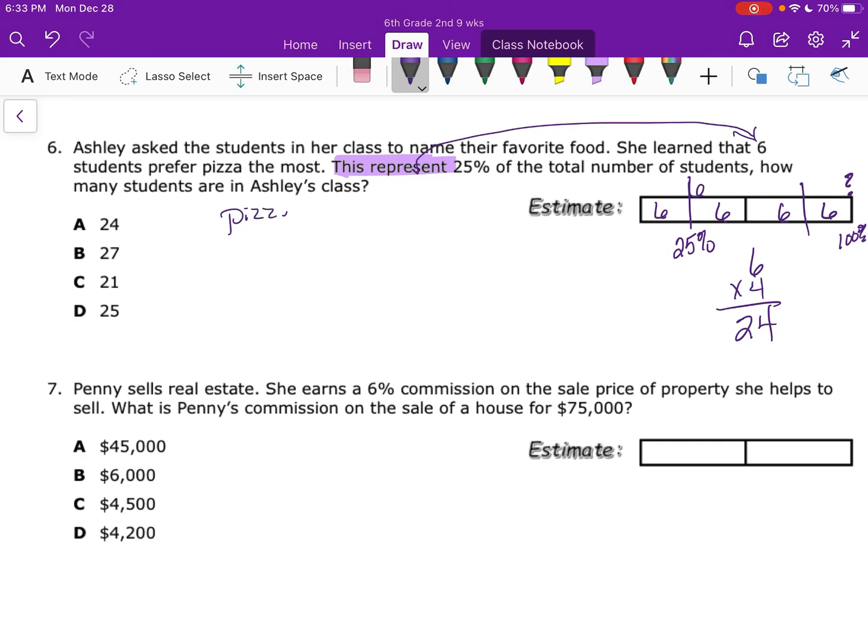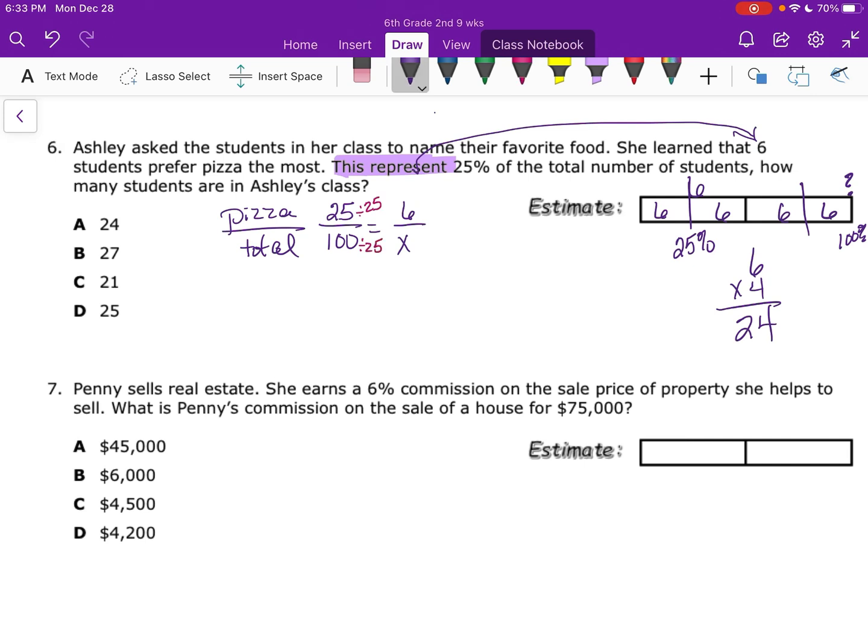So it's going to be pizza to total. So there's 25%, so 25 per 100. And 6 prefer pizza. All right, if we simplify 25 over 100, we simplify by 25.